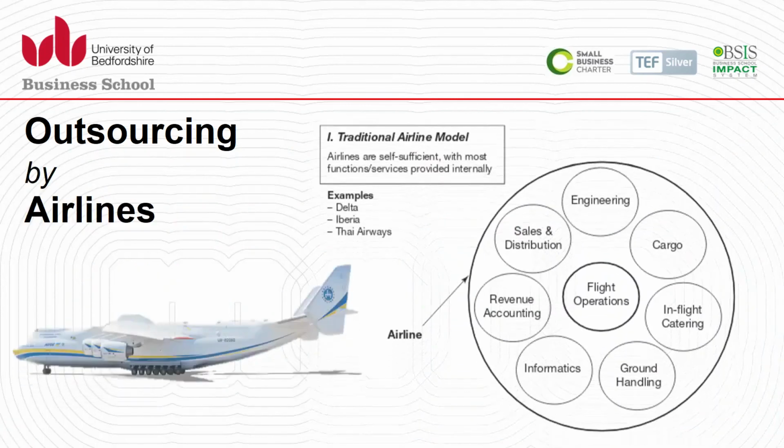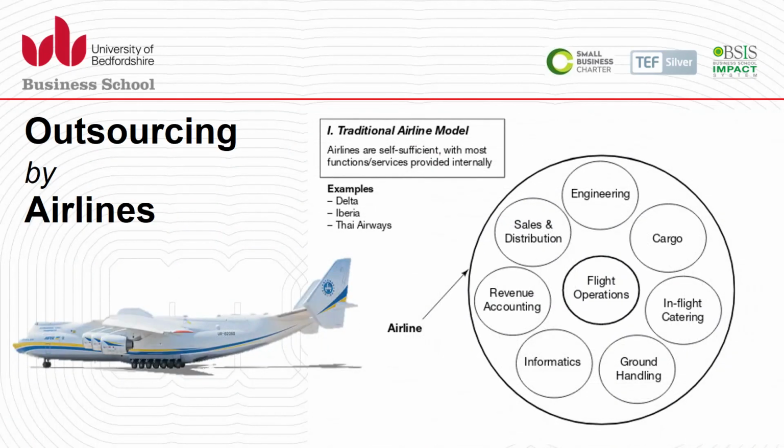So when we see a different example here, you can see in this slide and the following slide what the key reasons are for the traditional airline model, for example Delta, or Thai Airways. So you can see that outsourcing by airlines may include flight operations such as cargo, ground handling, informatics, revenue accounts, for example.